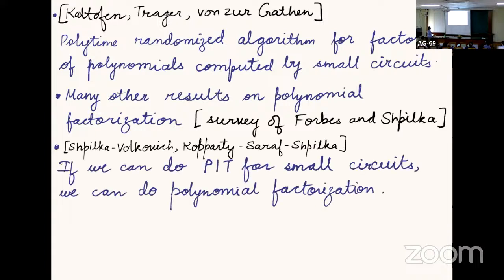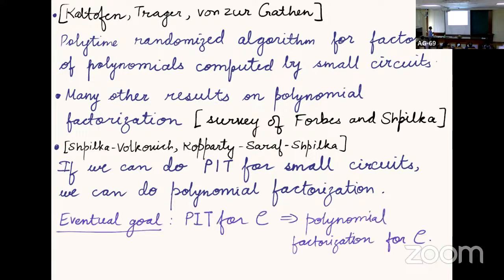Something of interest to us will be these results by Shpilka, Volkovich, and Kopparty, Saraf and Shpilka, which say that if you can deterministically do PIT for small circuits, then you can do polynomial factorization. But there's something a little not so nice about this.